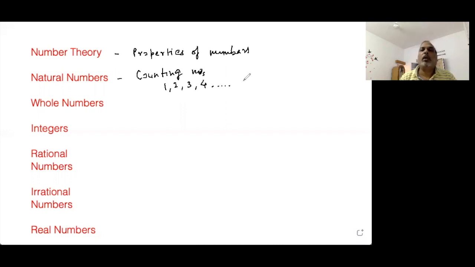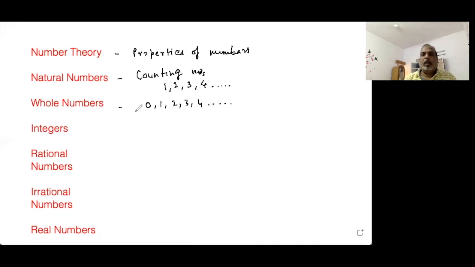These are all counting numbers. We can count these. And these are basically natural numbers. Whole numbers are nothing but natural numbers, including 0. So 0, 1, 2, 3, 4, and so on.